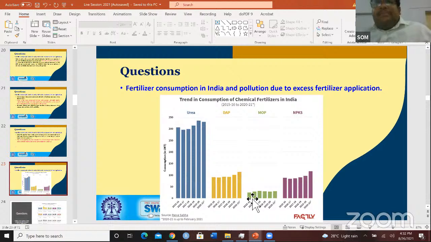If you see the picture here, it is quite clear: fertilizer consumption in India and pollution due to excess fertilizer application. You can see here, these are the urea. From 2015-16 to 2020-21, there is a continuous increase in urea consumption in India. The same goes for DAP consumption. MOP is more or less constant, with a slight increase from 2015-16 to 2017-18 and then more or less stable.